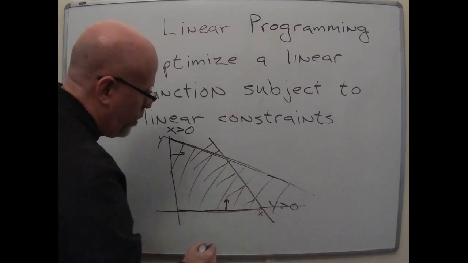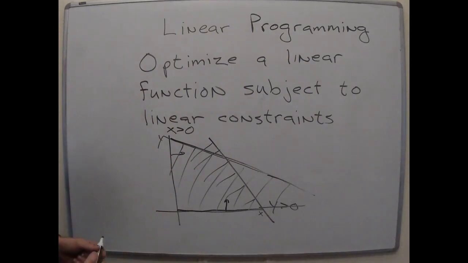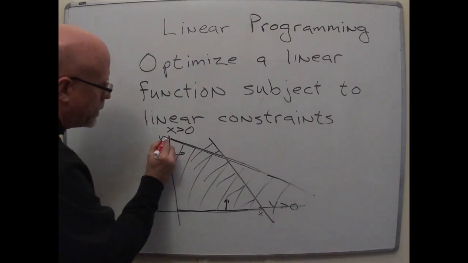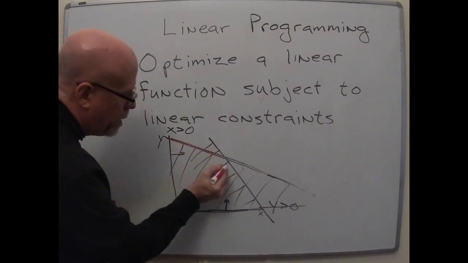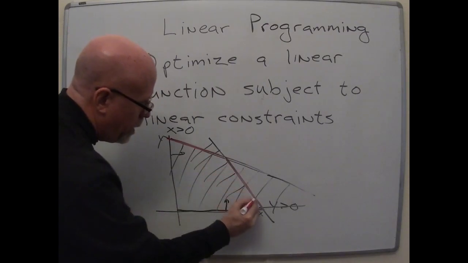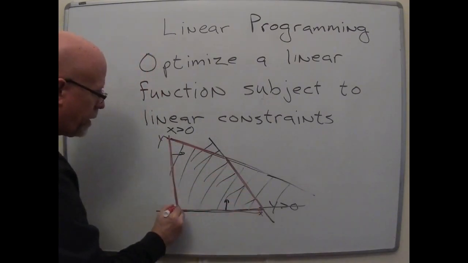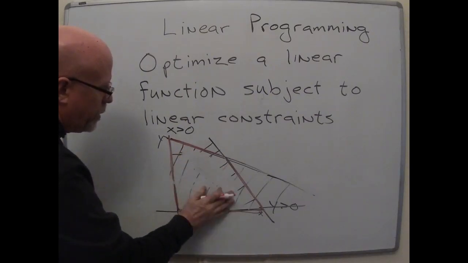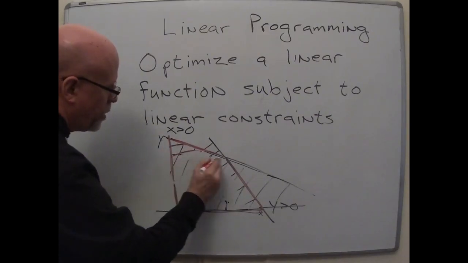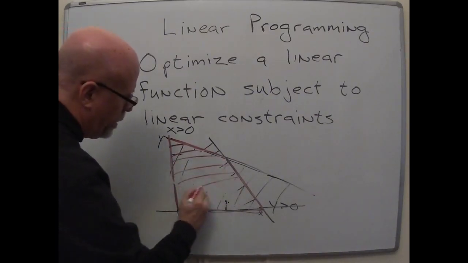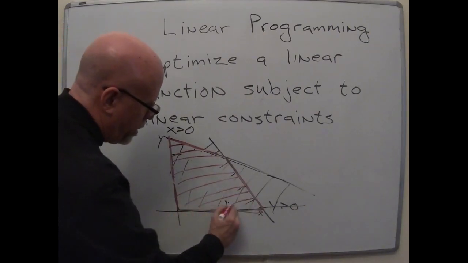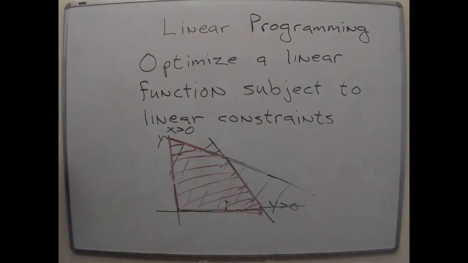Now, overall, what we've got is a four-sided region right now. It's in here, and there, above there, and to the right of there. So the region we're interested in, and this is known as the feasible region if you're doing linear programming, is like that.